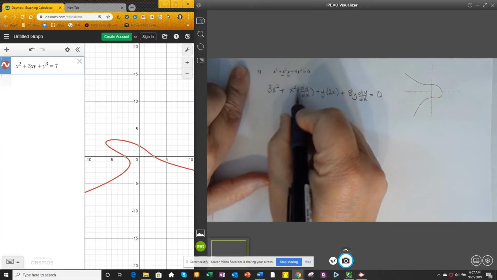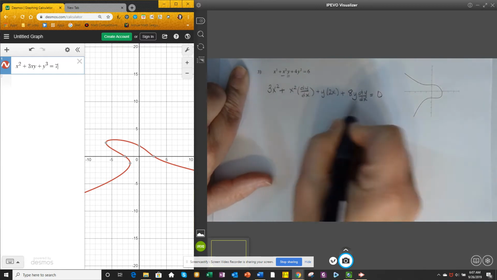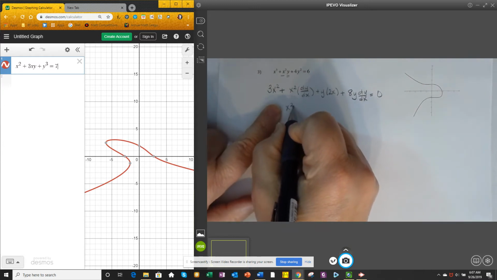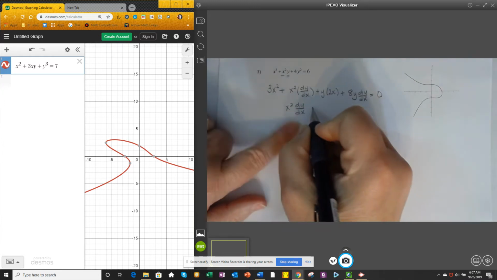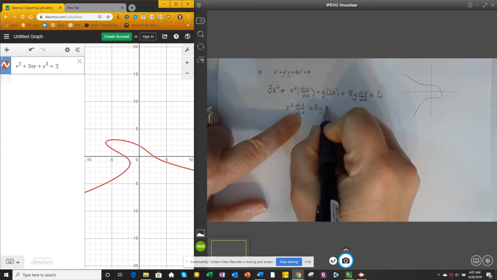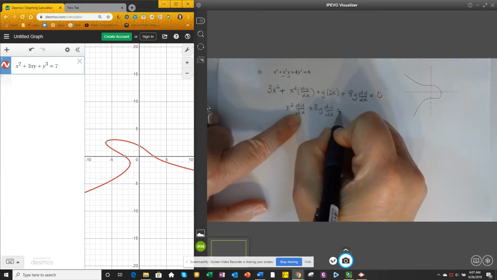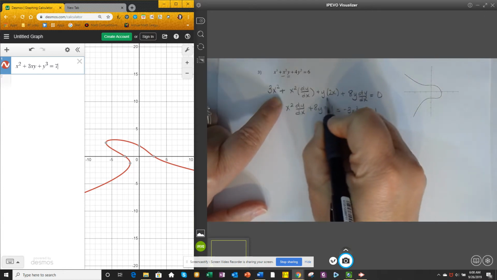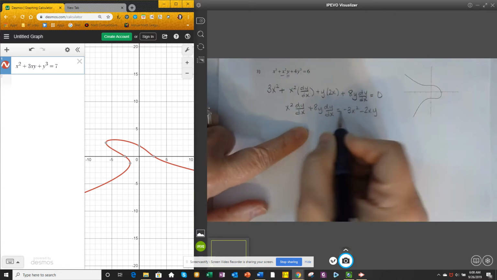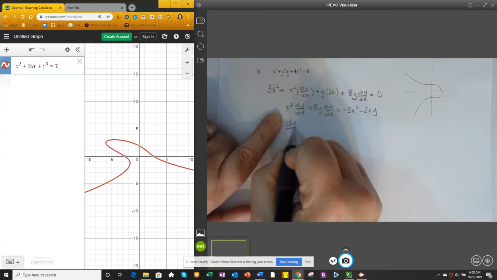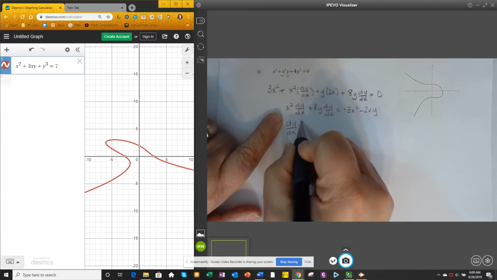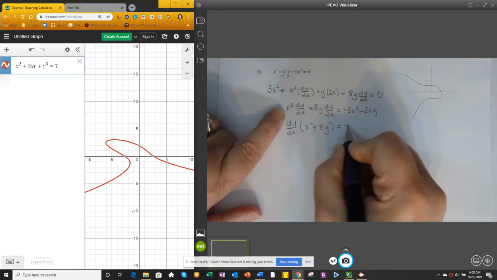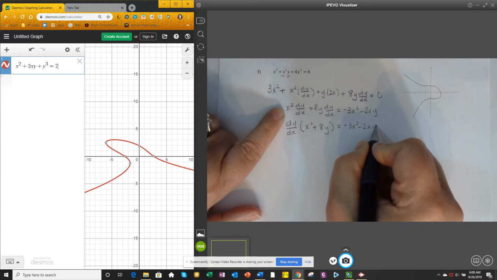And now I'm going to take all the terms that don't have a dy dx in them and move them to the right side of the equation. Okay, so I'm going to get x squared dy dx plus 8y dy dx equals negative 3x squared minus 2xy, and I like to put my variables in order once I've multiplied them. And then on the left side here, I'm going to factor out a dy dx because we're going to try to isolate it. And I'm left with x squared plus 8y equals negative 3x squared minus 2xy.